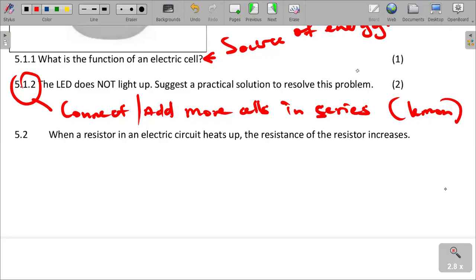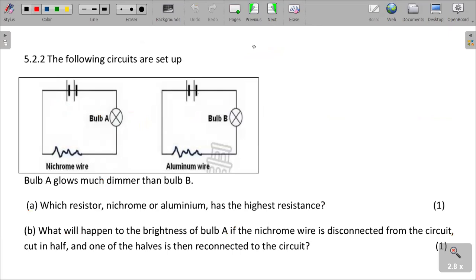When a resistor in an electric circuit heats up, the resistance of the resistor increases. So what does the question want us to do? Let me check properly.